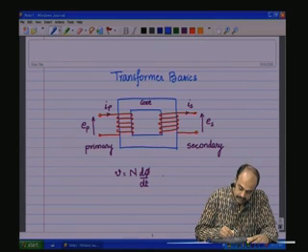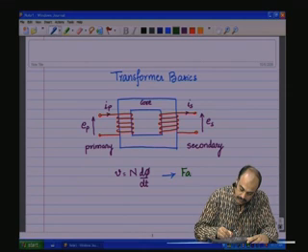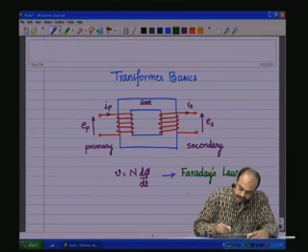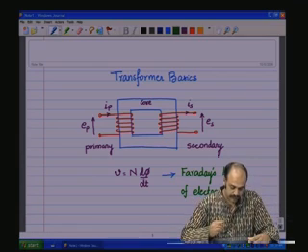This is called Faraday's law of electromagnetism. This law is the one which is going to be extensively used to derive various other relationships.